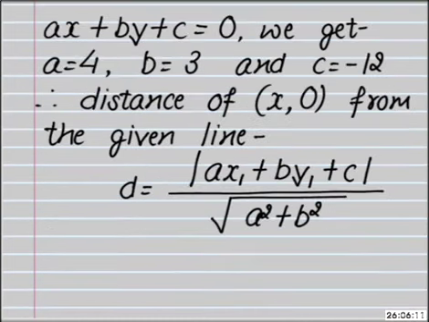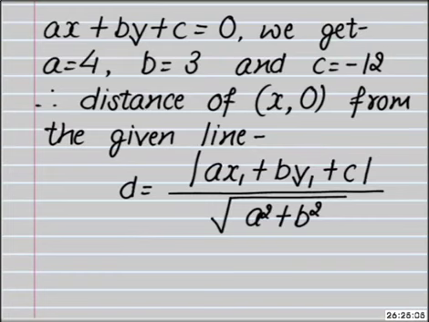Therefore, distance of point whose coordinates are x and 0 from the given line will be d equal to modulus of ax1 plus by1 plus c upon square root of a square plus b square.